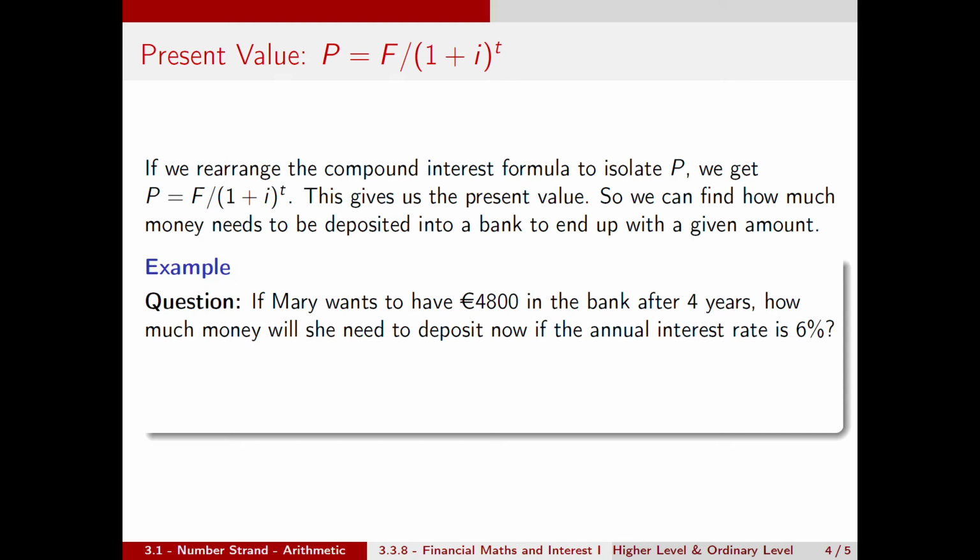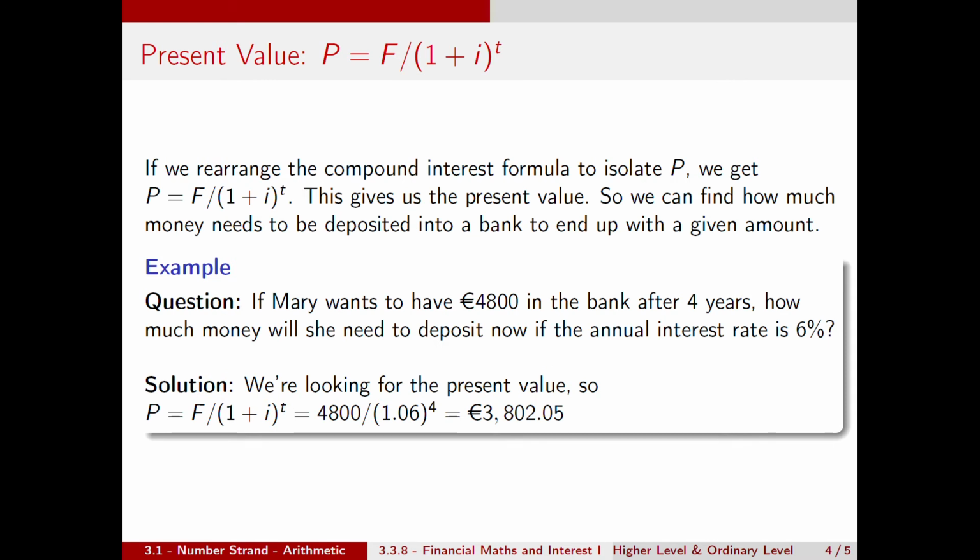Again, we know to use the present value formula based purely on the fact that it asks how much money will she need to deposit now? We need to know how much money she wants now, i.e. at present. So once we know we're using this formula, again we need to know in our question what F, I, and T are.